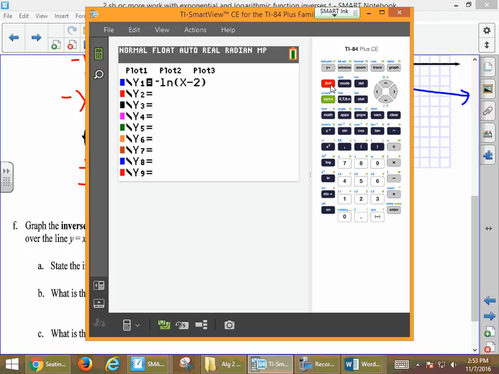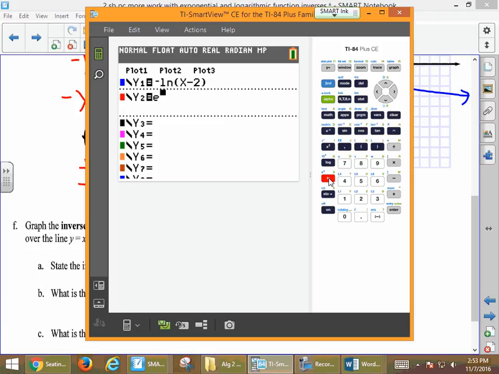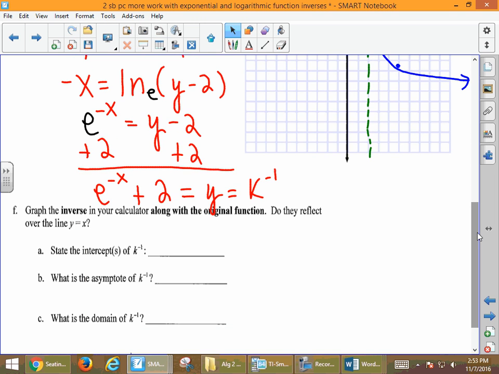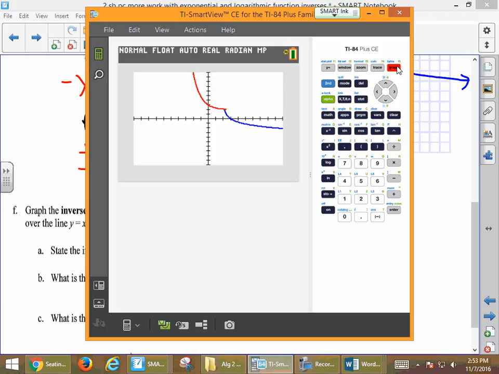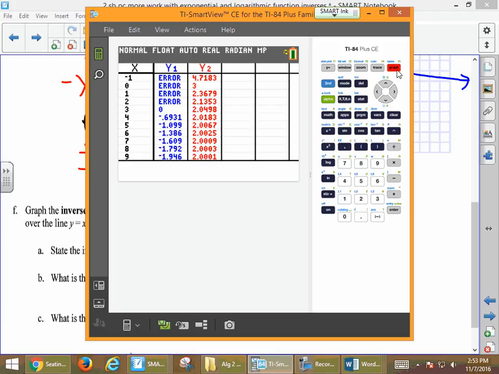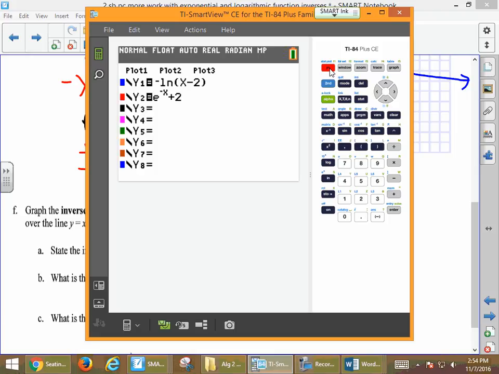Second ln to the negative x, arrow, plus 2. And we can look at our table, come up with some points there, and actually I'm going to go back to my y equals and go over to the equals and press enter so my first function doesn't graph.